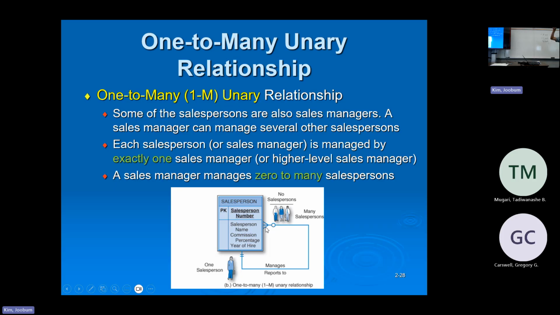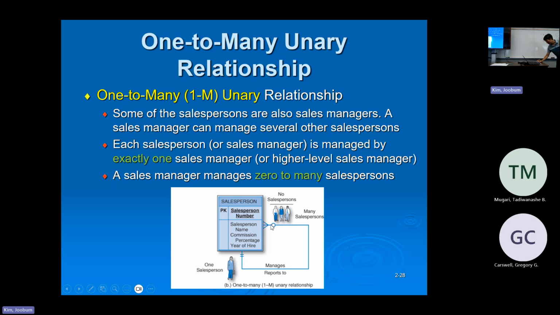This is the many. Vice versa, from the point of view of the salesperson, I have only one sales manager, not two or three or more. Only one sales manager manages me. So salesperson is managed by only one person. This is a one. This is a one-to-many case.